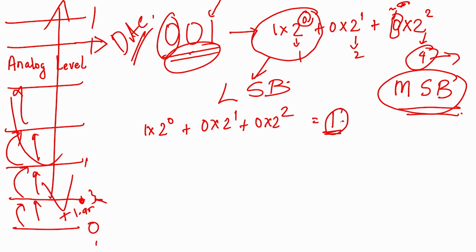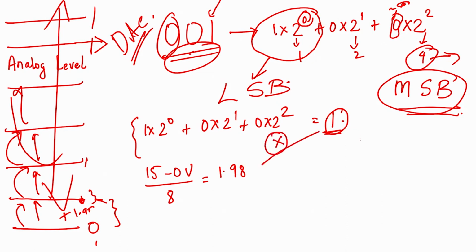We have to multiply this with the analog voltage level in your system. What is analog voltage level in your system? It is 15 minus 0 volt by 8. So, that is around how much? We had seen 1.98 around. So, 1 multiplied by 1.98 is equal to 1.98 volt.